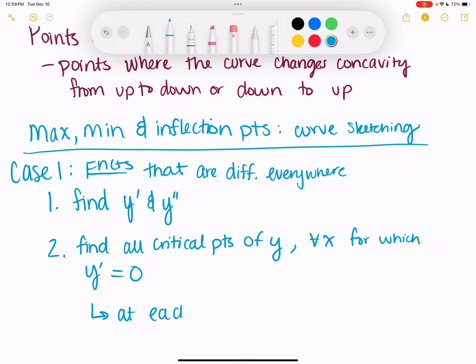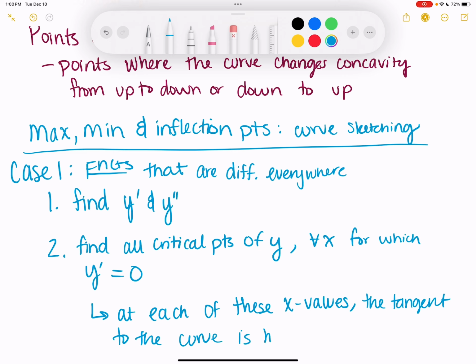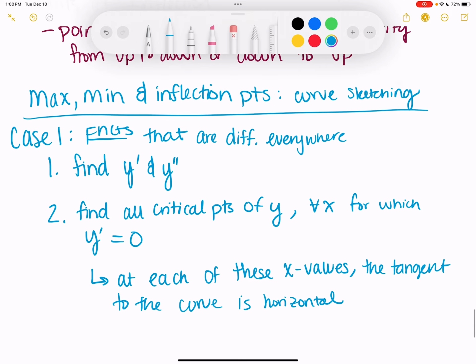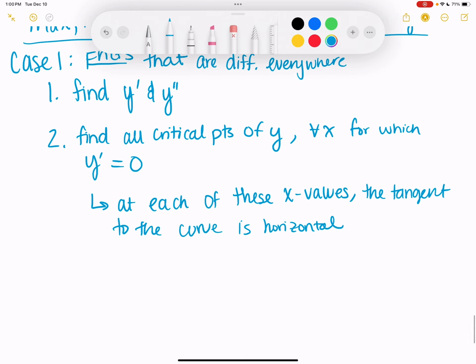At each of these x values, the tangent to the curve is horizontal. Well, that's good because these are the important or critical notes.